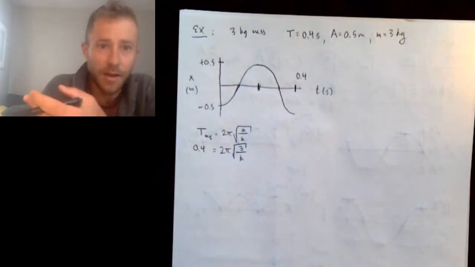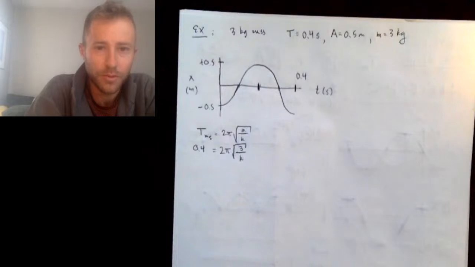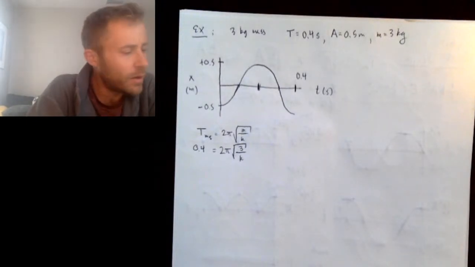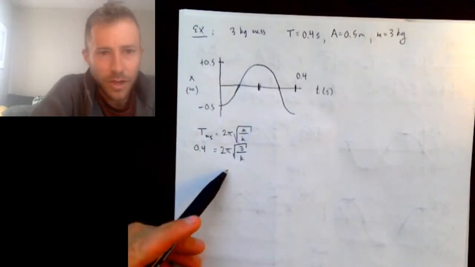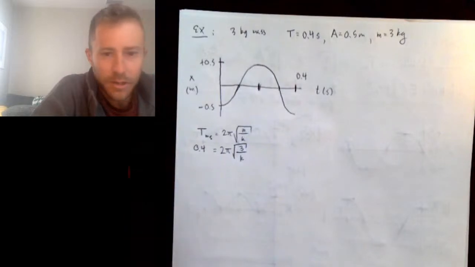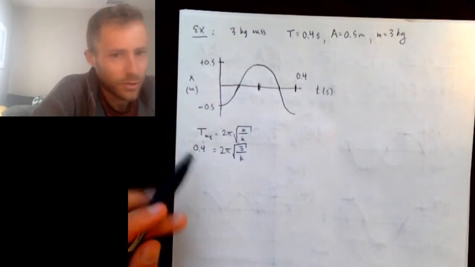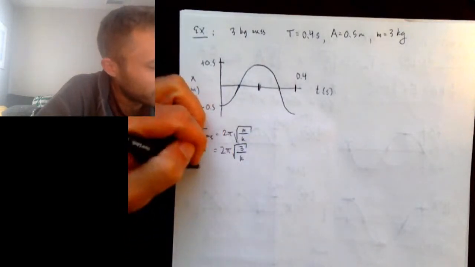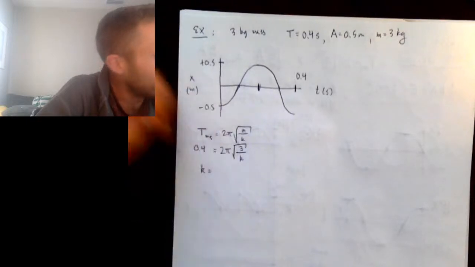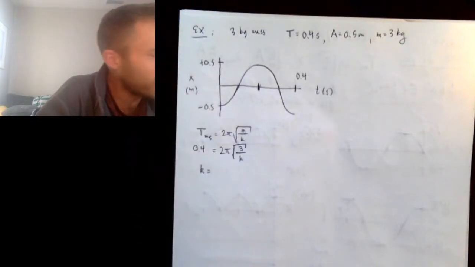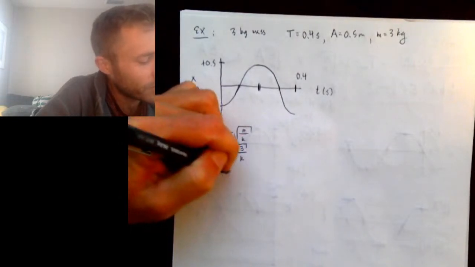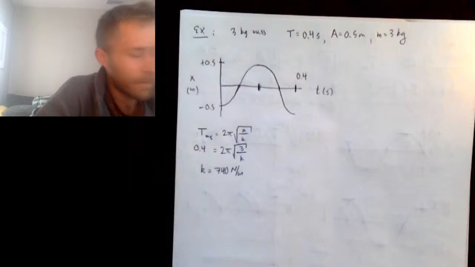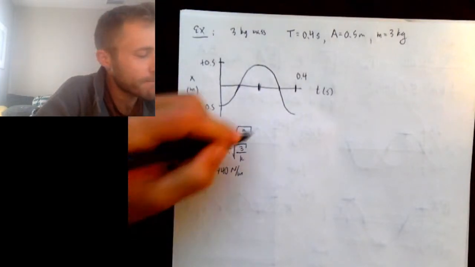And I'm going to need that in the subsequent formulas. So I better start off by calculating the stiffness. I hope you don't mind, I'm not going to show the algebra. I already did this last class period, so I'm just going to say what the solution is. So you work this out, you solve for k, and you get that the stiffness is 740 newtons per meter. Okay.